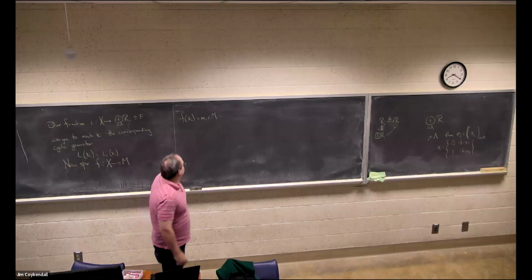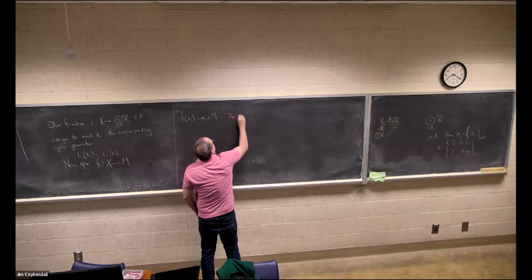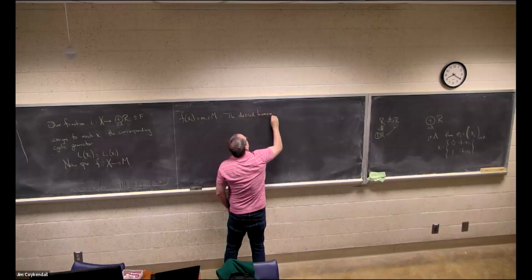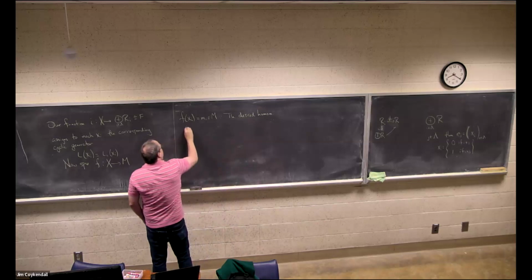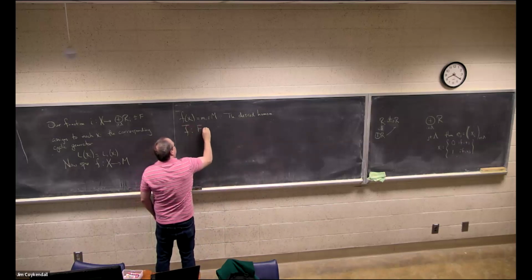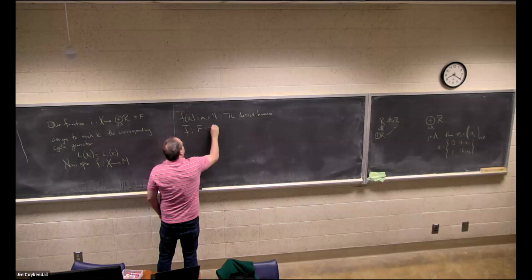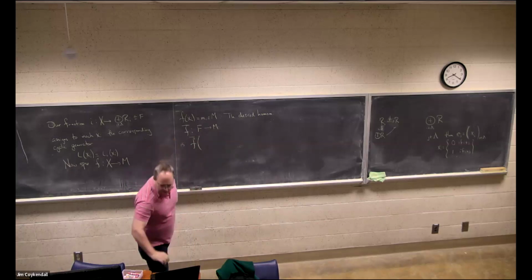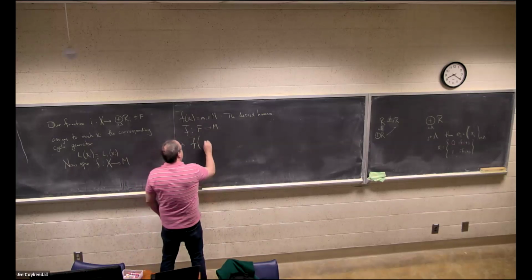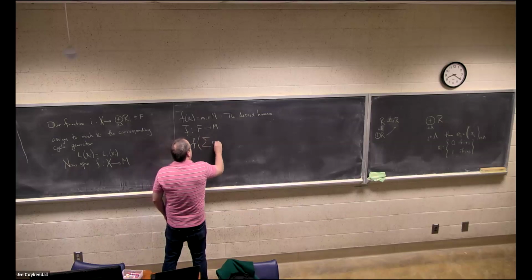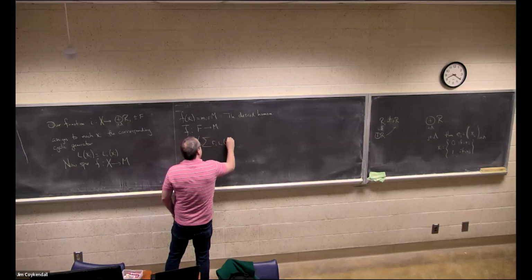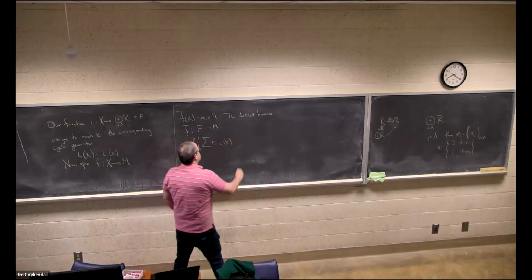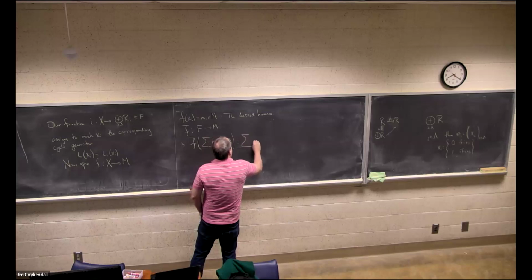Then the homomorphism F bar from F to M is defined by F bar of the sum of Ri iota i of xi equal to the sum of Ri mi.